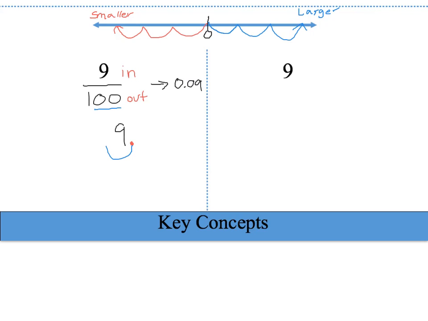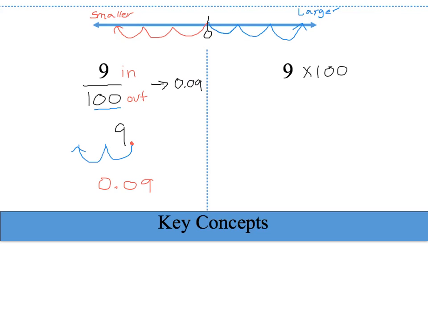So let's move it 1, 2. And because I'm dividing, my number becomes smaller, and that's the reason why I moved it to the left. So after annexing zeros, I know that my decimal will be 0.09.